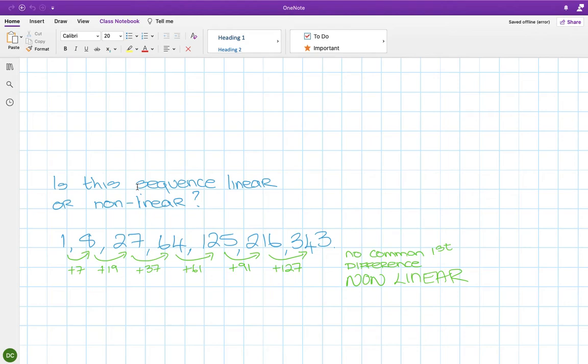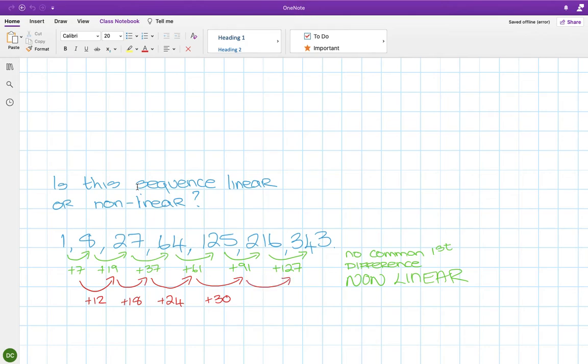And so let's check for the non-linear ones that we know. We know quadratic. For quadratic, we need to look at the second difference. Going from 7 to 19, that's 12. 19 to 37, that's 18. 37 to 61 is 24. 61 to 91 is 30.